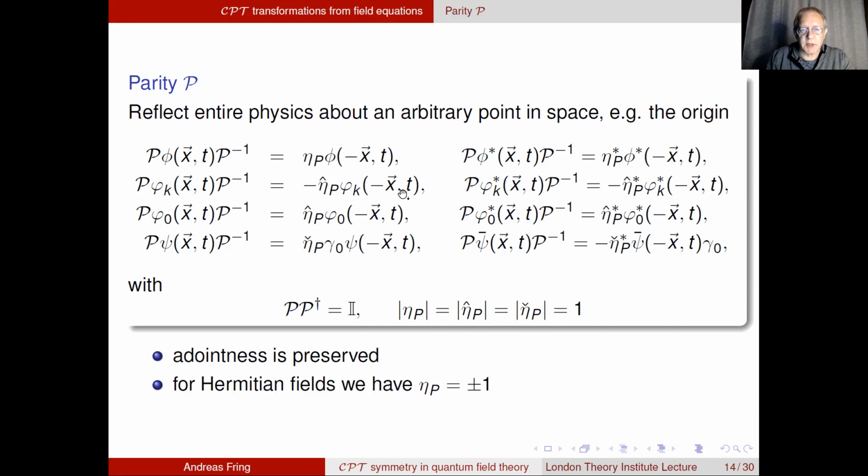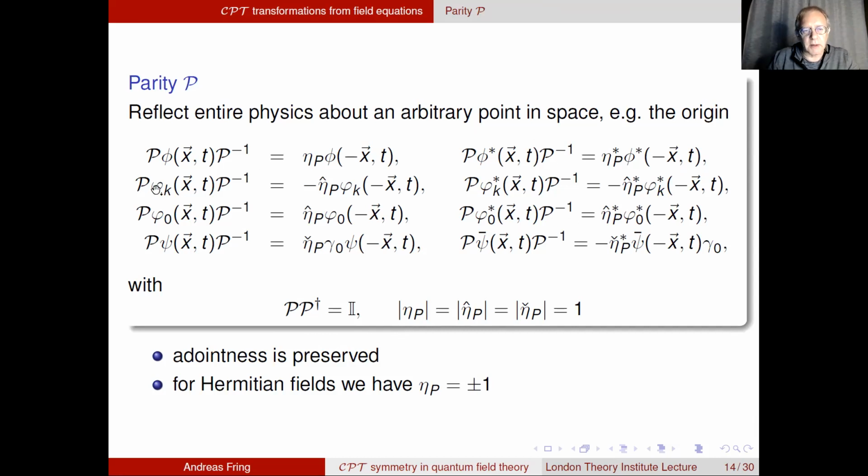That's what we said, it reflects an arbitrary point. And we also take into account a constant here. There's a constant eta P, which might appear as a property of the field. So then we want to preserve the conjugation of this equation, and that leads naturally to this equation over here.